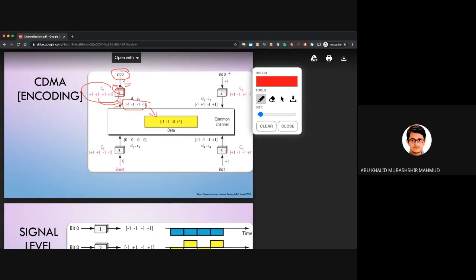But before that, we collect the products of data bits and code bits, the chips of all the stations, and add them together place-wise. For example, this is -1 plus -1 is -2, plus 0 is -2, and plus 1 will give us -1.